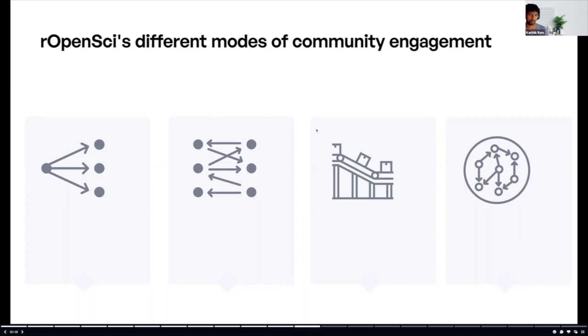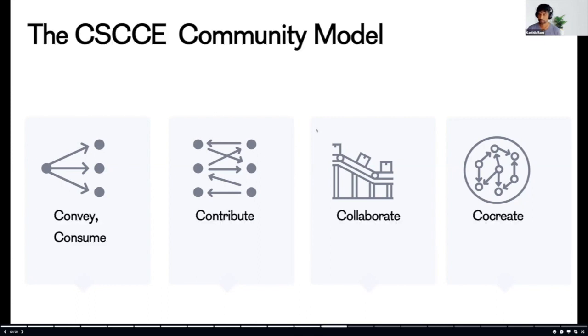And those of you that have been paying attention to the community engagement course might notice that this is pretty much the community engagement model that CSCCE tries to talk about all the time. And so it's been nice to see that we accidentally mapped onto this in our evolution without really trying to do so. And now we're also doing a champions program to sort of bring more people into the fold.